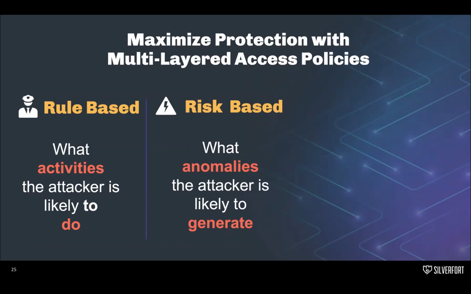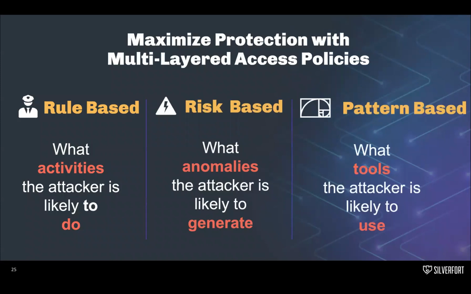So whenever the anomalies the attacker by definition has to create add up to a certain risk level, require MFA or block. And since we're monitoring all the authentication traffic, all the access attempts, Silverfort can say this authentication has all the features of pass the hash or pass the ticket or brute force or any other technique that attackers utilize today.